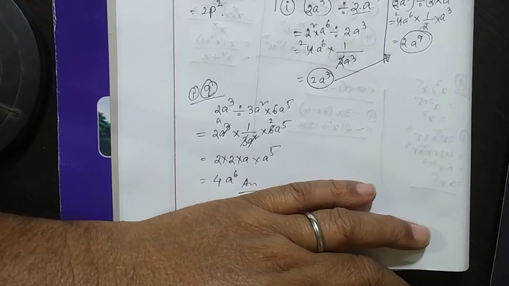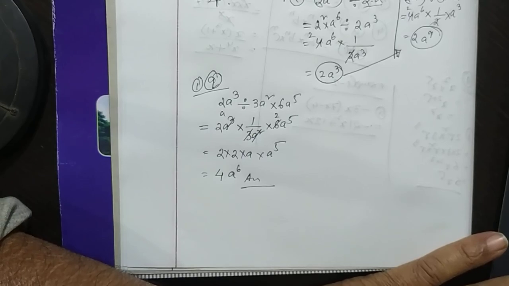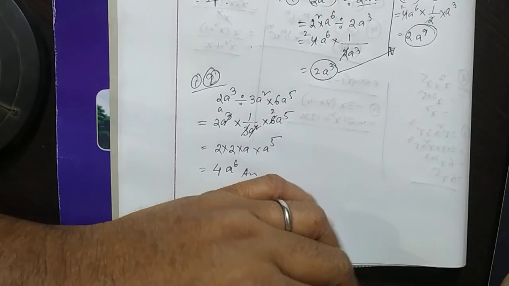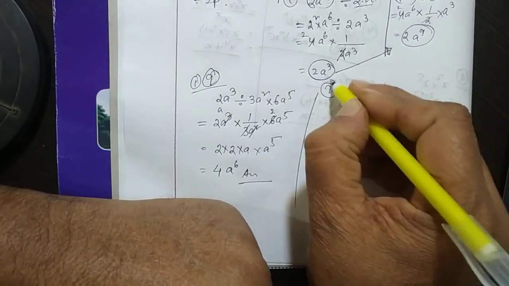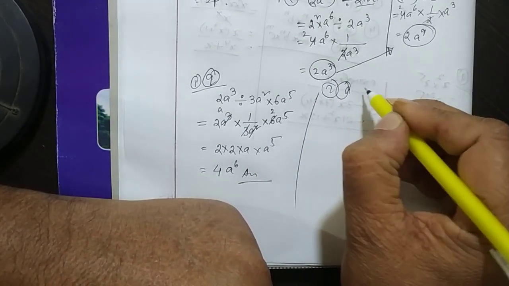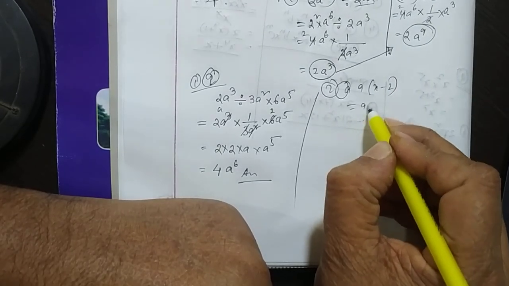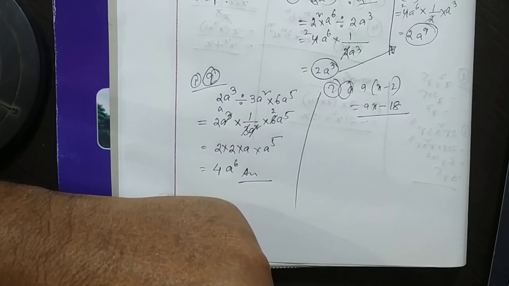So here the simple maths, you know them. So A is 9, question number 2A, 9 into x minus 2. I think this type of math you can solve by yourself.